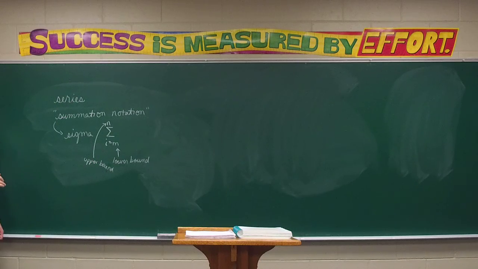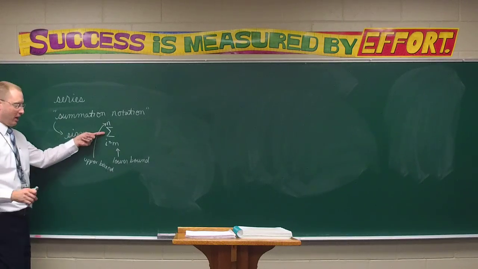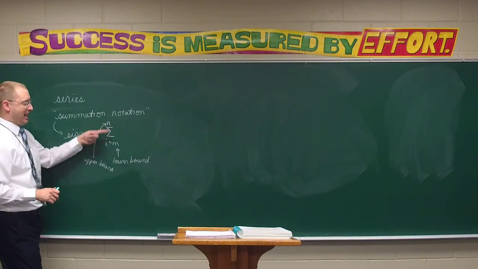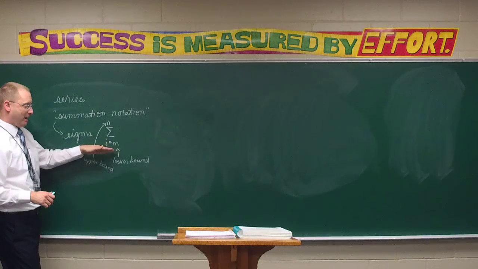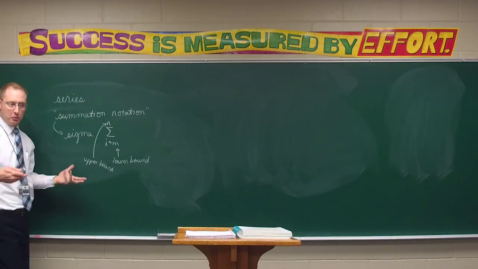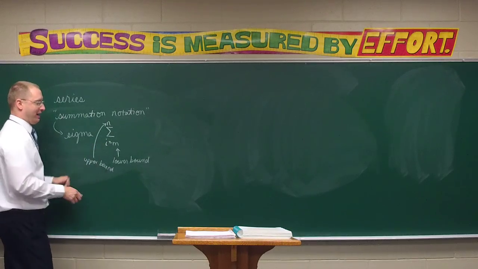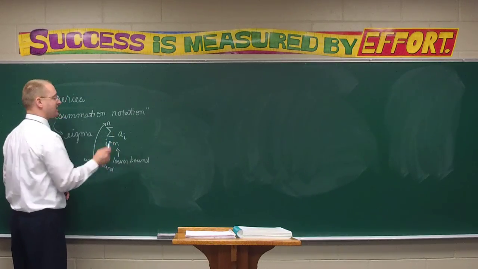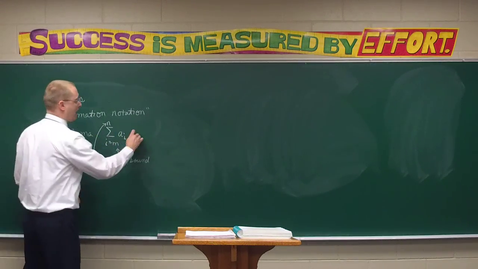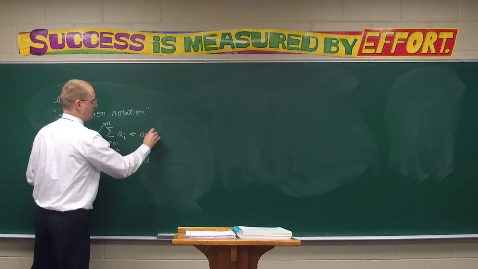It looks really mathy and, if you're not sure what it is, frightening. It's really simple. This means add up all the numbers between m and n as you plug them in. So plug in from m all the way up to n into this particular series. We're going to have an algorithm for our i values. We'll notate this a sub i. In a series we call it the argument.